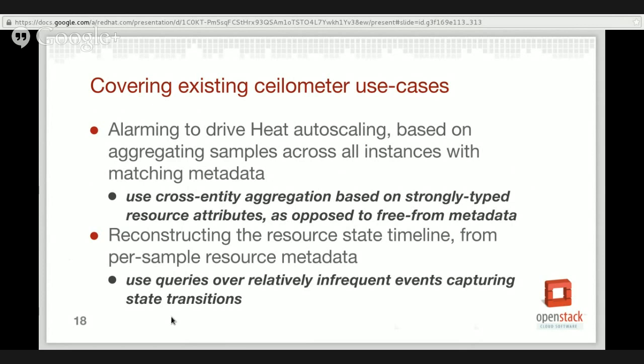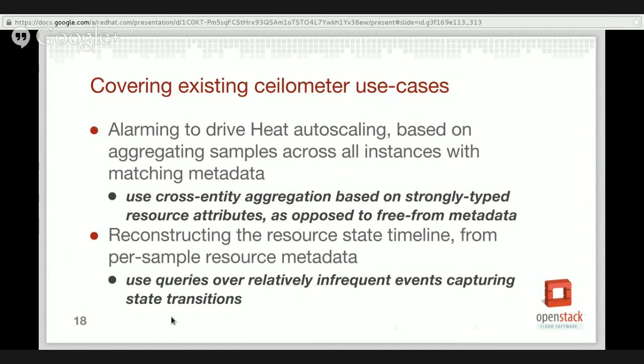Because clearly, the approach that we took previously of storing snapshots of resource metadata, while it was very expensive to do so, it did give us a lot of flexibility. So the point is, how are we going to continue to address all of the same use cases as we previously had using the Gnocchi model as opposed to classic Ceilometer?